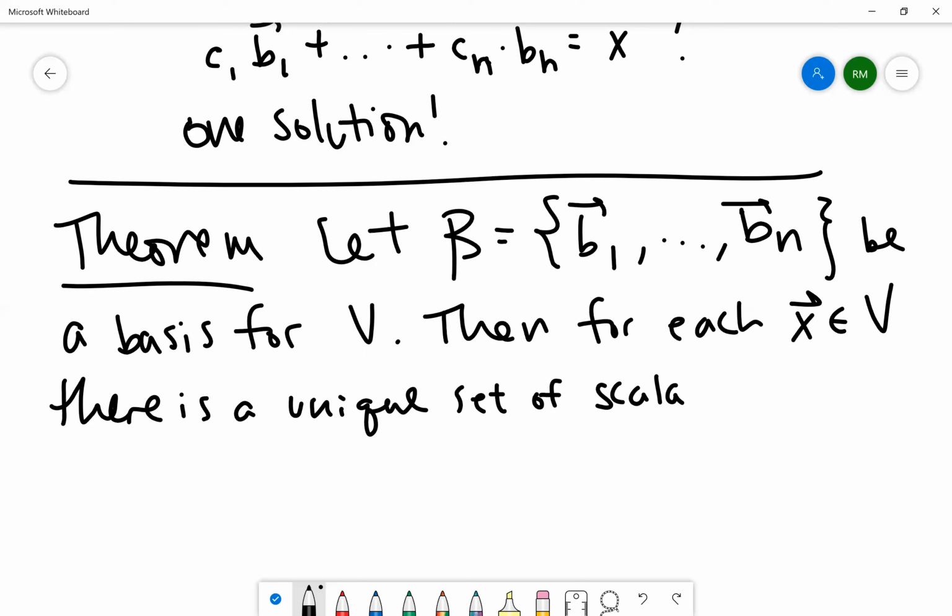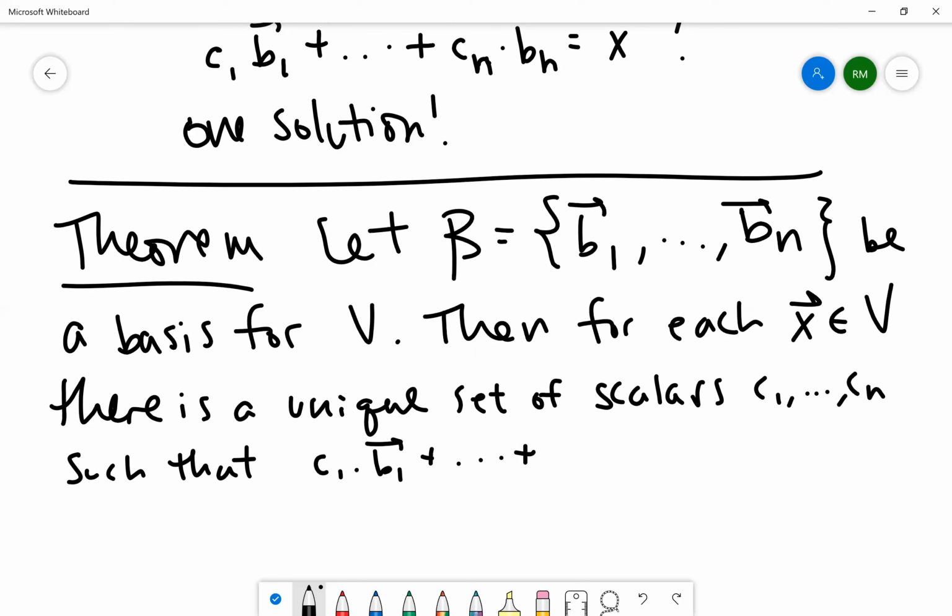In this case, we'll typically use real numbers, C1 up to Cn, such that this is equal to X.